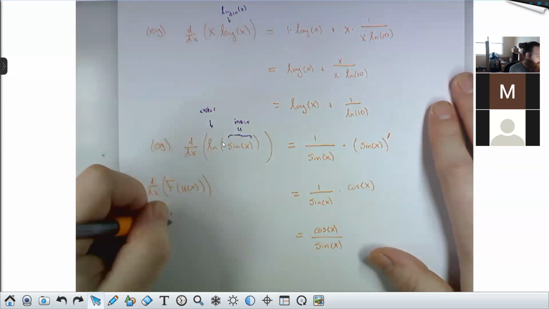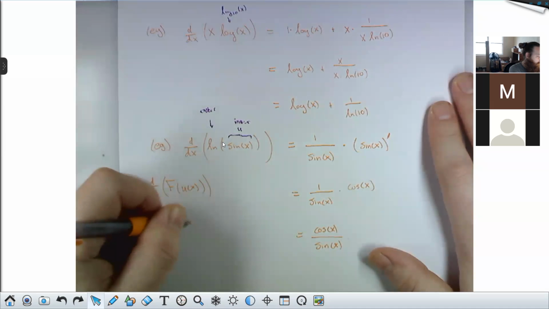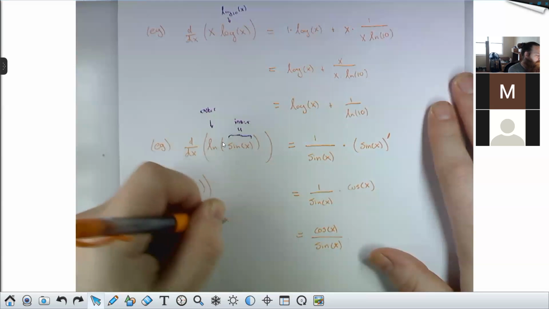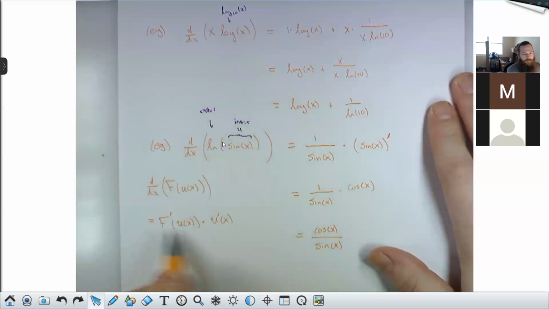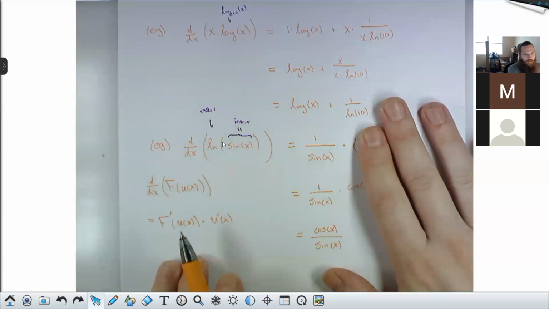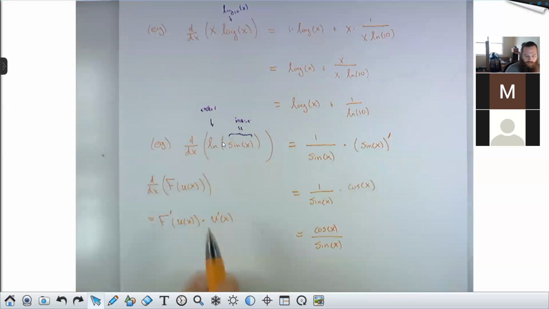So it's the derivative of the outer with the inside chilling. Then you multiply by the derivative of the inner. So this isn't multiplication here. This piece is function notation, right? This is the outer function differentiated with the inside piece left alone. That's like 1 over sine x here. And then we multiply by the derivative of the inside. So what was the question?